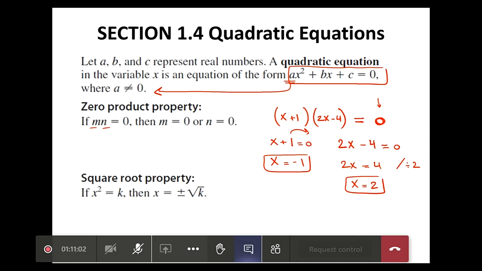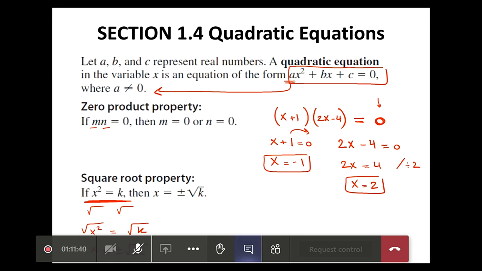Okay, now sometimes we have, for example, x square equals a number. x square equals a number, we can take the radical of both sides. So we have radical x square and radical k. The radical removes the x square, yeah, but in the equation we must put positive negative. Must put positive negative after removing the x square with the radical.